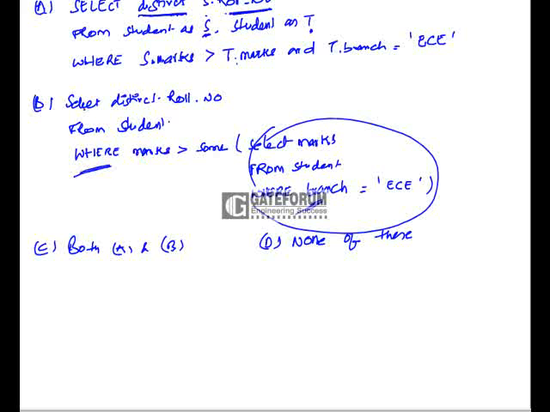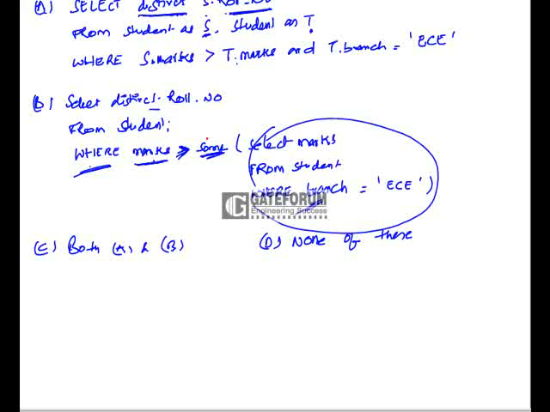So here, select distinct roll number from student where marks is greater than some. In SQL queries, greater than at least one is replaced by greater than some. So greater than at least one is nothing but greater than some.